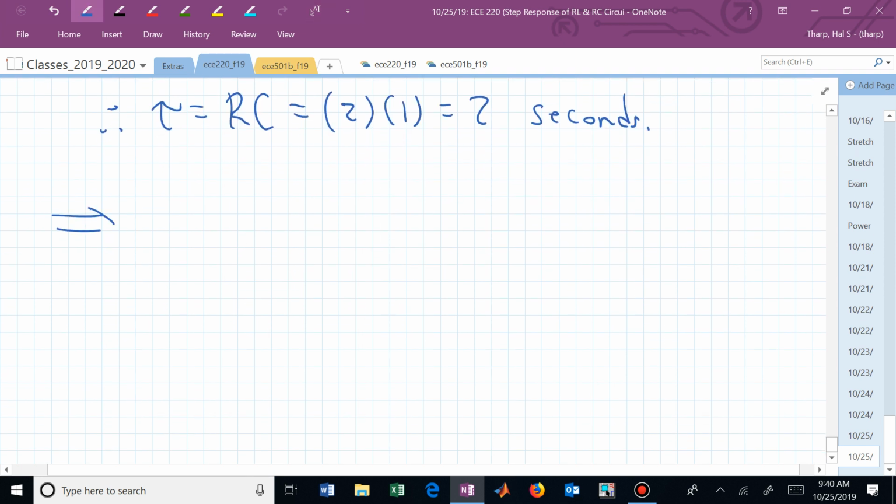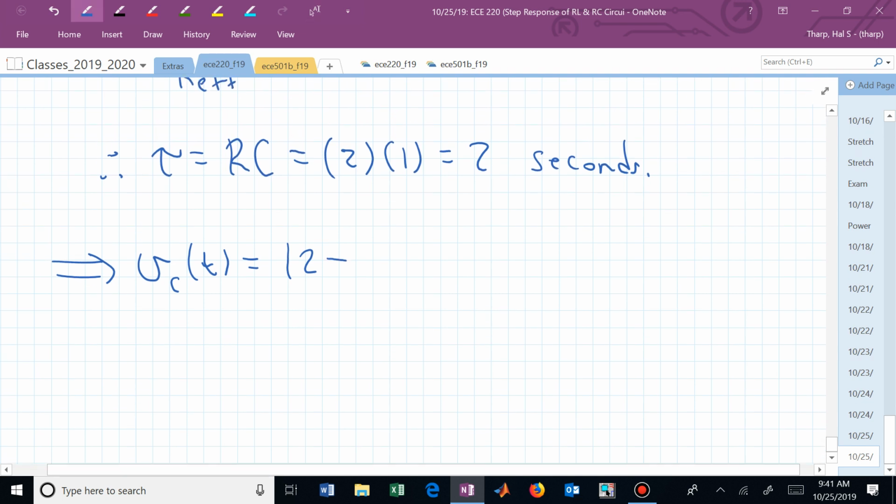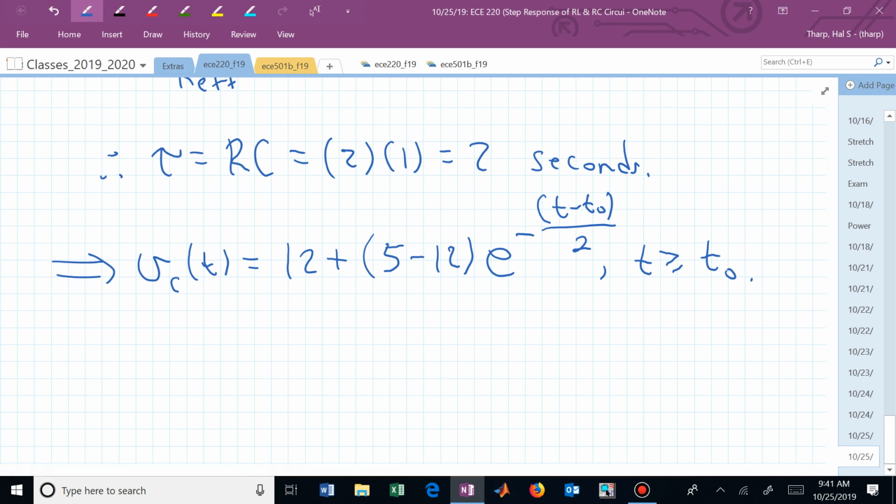And we now know what V sub C of t is. V sub C of t was our final value of voltage, which was 12, plus the initial value, 5 minus the final, e to the minus t over tau. And that was true. Oops. Stay focused. E to the minus t minus t sub 0, since we were doing this switch at some time other than 0.